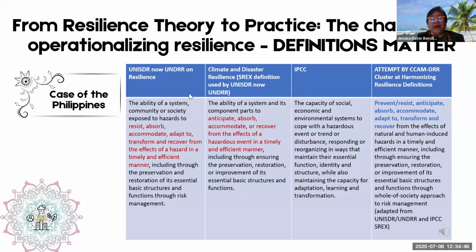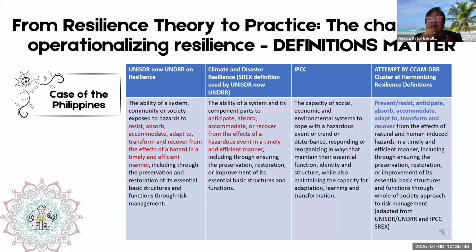One is, of course, from the UNDRR, which talks about resilience as the capacity to resist, absorb, accommodate, adapt to, transform, and recover from the effects of a hazard. This definition was developed sometime in 2007, if I am not mistaken. But sometime in 2011, and published in 2012, the Intergovernmental Panel on Climate Change gave attention to the extreme weather events affecting different countries around the world.